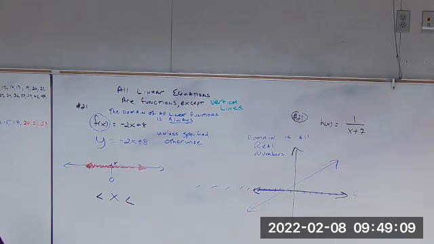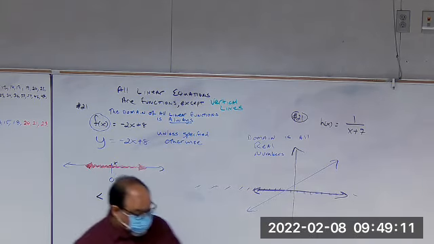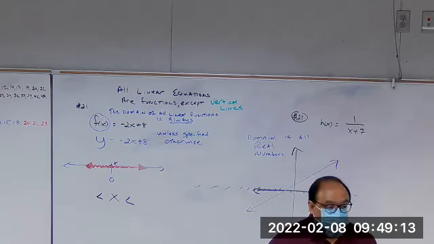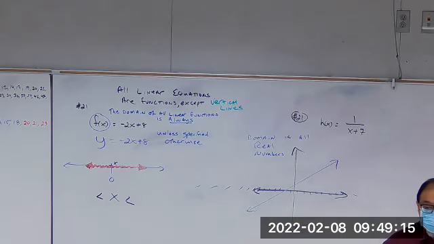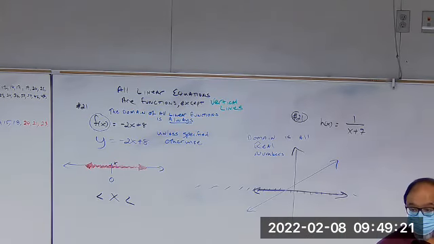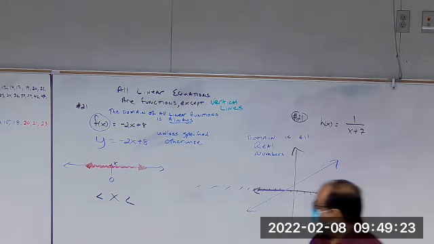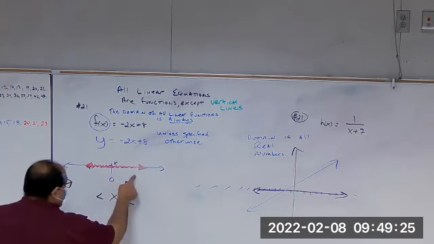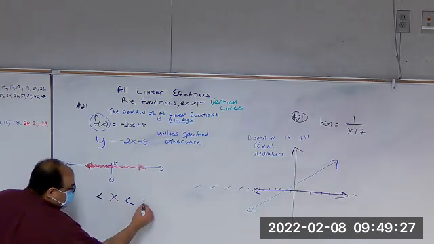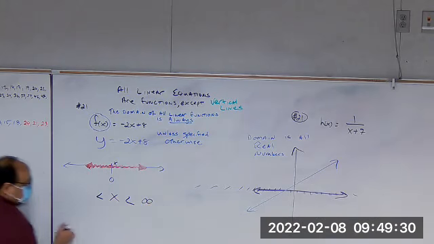Who's down there that you can never touch? As soon as you think you're at infinity, oh, it's one more over. I'm at infinity, no, one more over. Hey, I'm at infinity, no, you still got one more over. You can never get to infinity. Infinity is not a number. You've got to keep going. So the x's that you can plug in have to be smaller than positive infinity.